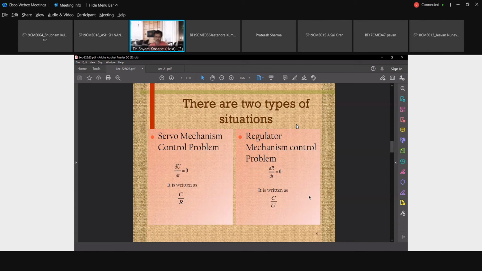It is constant. So first derivative of R is constant, and we represent it as C by U. Already we have discussed this. Okay, so first is called a servo mechanism, and latter is called a regulator mechanism.